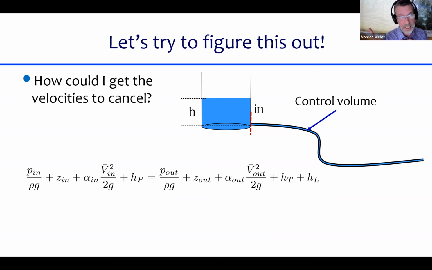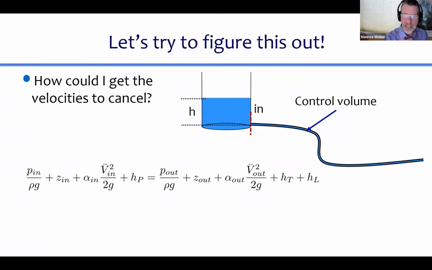In the energy equation, the velocity shows up, and I'd like that to cancel out, because I want the energy equation to give me the head loss so that I can use that in the Darcy-Weisbach or Hagen-Poiseuille equation to figure out what the flow rate is. So I'd like the velocities to cancel out.